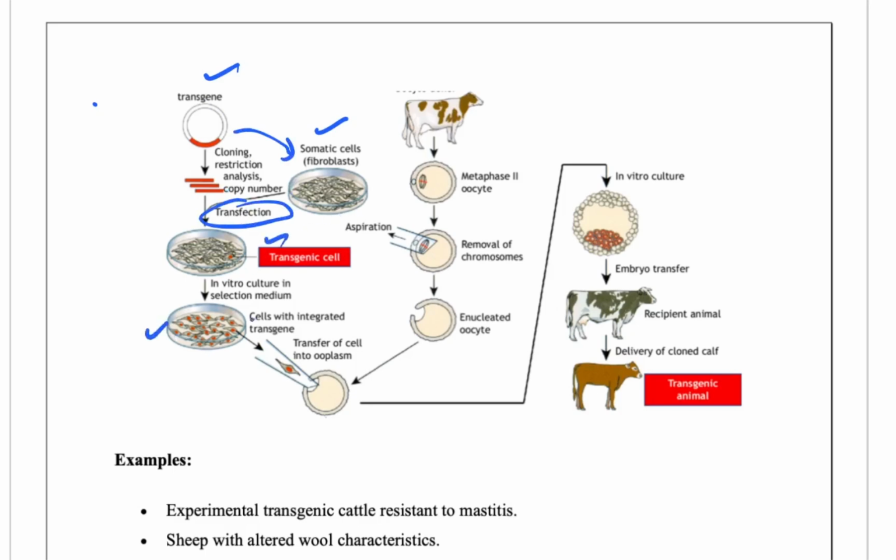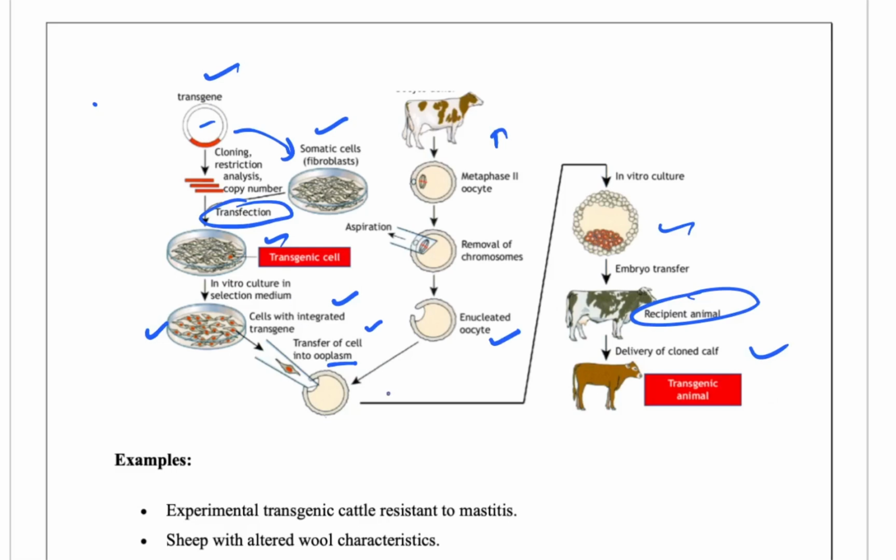You can see the red color, cells with the integrated transgene, and again the transfer of the cell into the cytoplasm. In the enucleated oocyte you are transferring this particular gene, which is your required one, and your desired gene is going to express, because you culture it and transfer the embryo into the recipient animal, and this is the delivery of the clone calf.